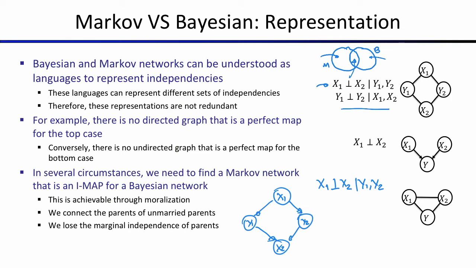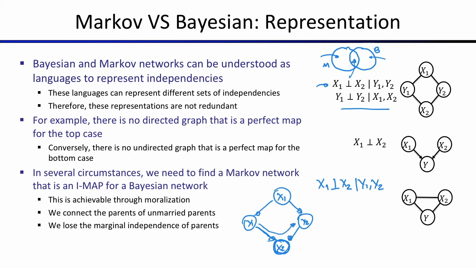But when we look at y1 and y2, because we have this V structure here, right, it's not true that y1 is going to be independent of y2 given x1 and x2, because when we observe x2, we make this convergent valve here to be active. So we'll be able to influence y1, will be able to influence y2.